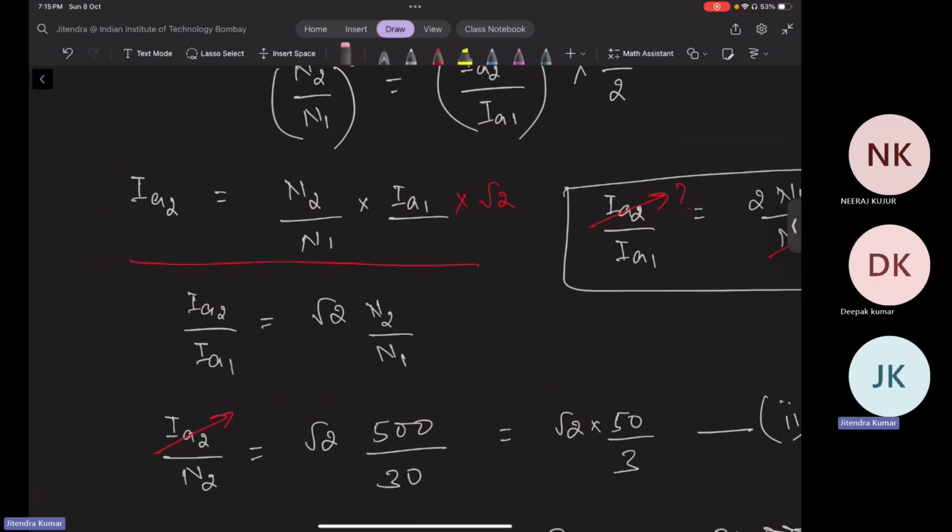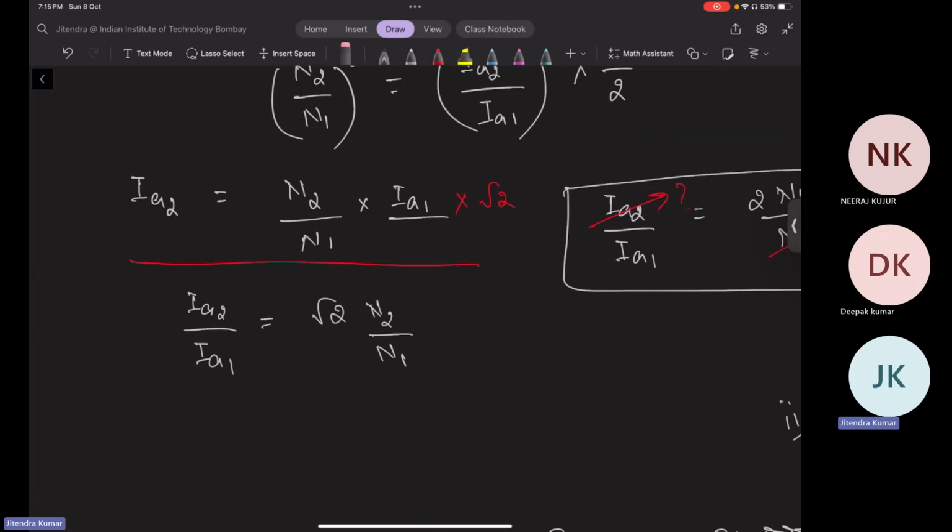IA2 by IA1. Let me rearrange this particular thing. IA2 by IA1 is nothing but root 2 into N2 by N1.